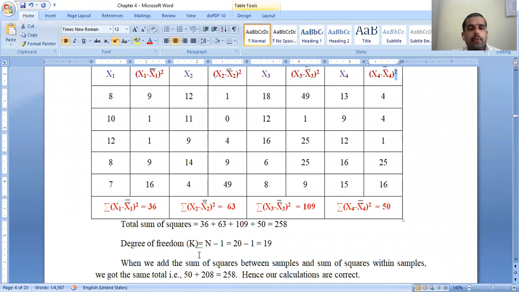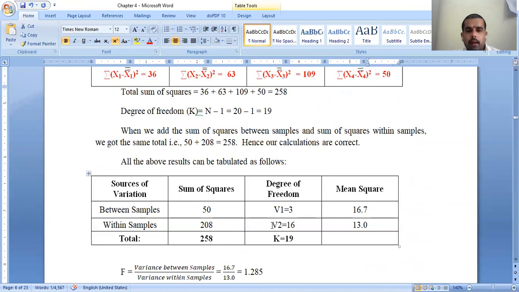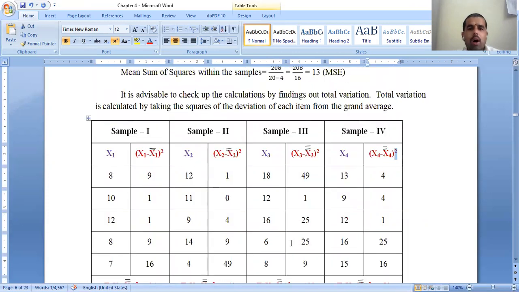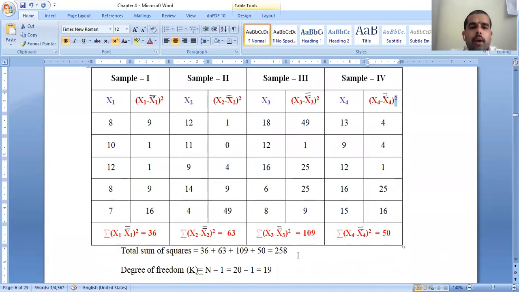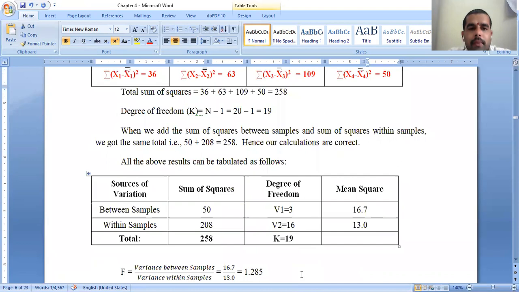Then degrees of freedom, that is, total degrees of freedom is capital N minus 1, that is 19. You observe carefully here. Degrees of freedom: V1 is equal to 3, V2 is equal to 16, and the total is 19. After getting all these values, what we are going to do? We are going to interpret all these values in this ANOVA table.